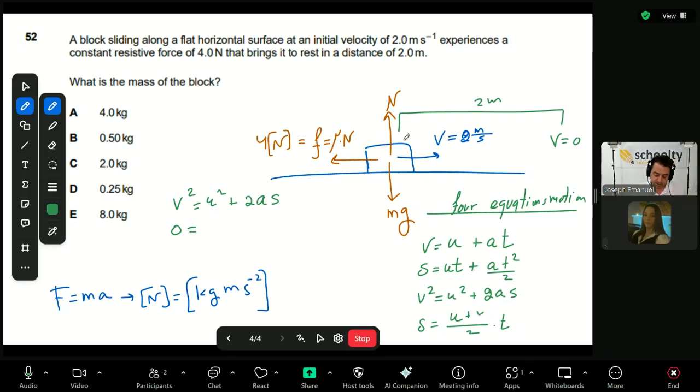So the initial speed is 2 meters per second. 2 times acceleration, we will find it, and the distance is 2 meters, so we have 2 here. That means that we have 2 divided by 2. This is half, meter by second square. This is the unit.